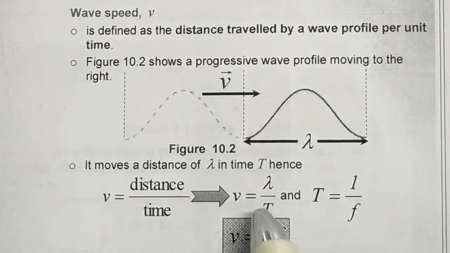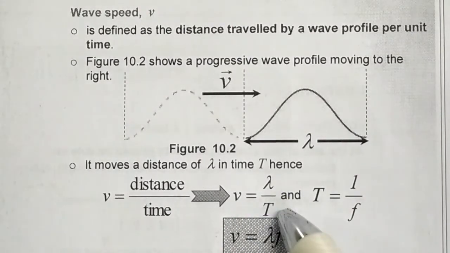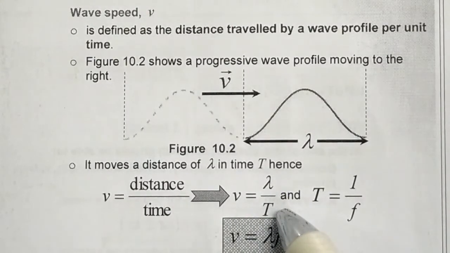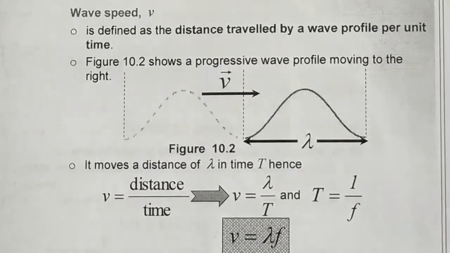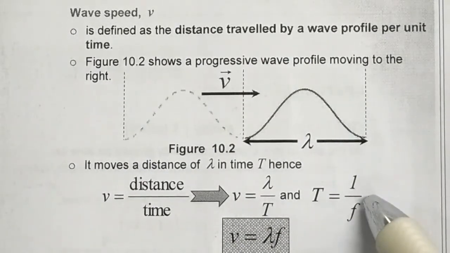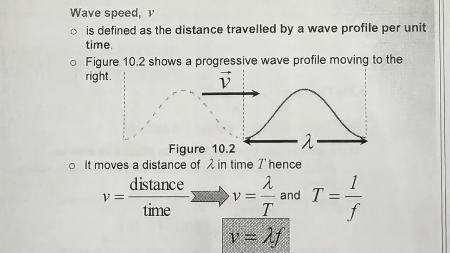The time here is the period. The period is the time for a complete oscillation, which equals 1 over f. So v equals lambda times f, where f is the frequency.